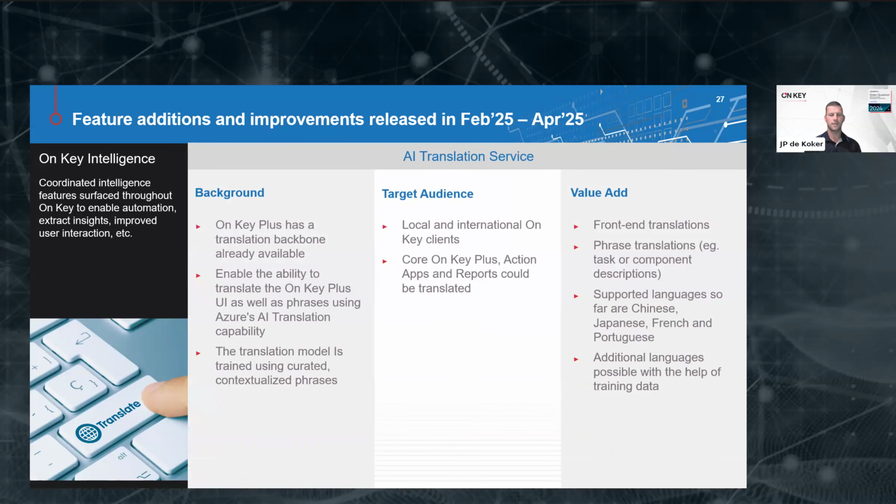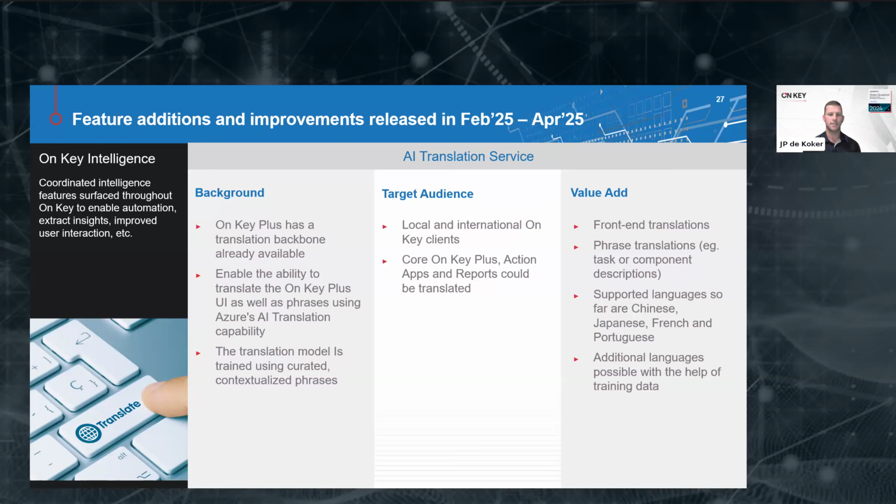What this is all about is having the ability to translate the OnKey plus user interface or task or component descriptions, as well as apps, as Maurits mentioned earlier, to a specific language, but with the added value that the translation service is actually context aware of the enterprise asset management area and industry.